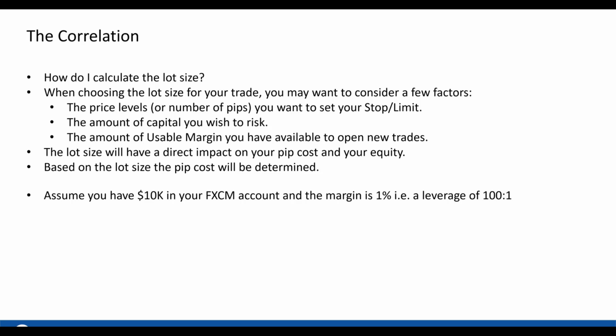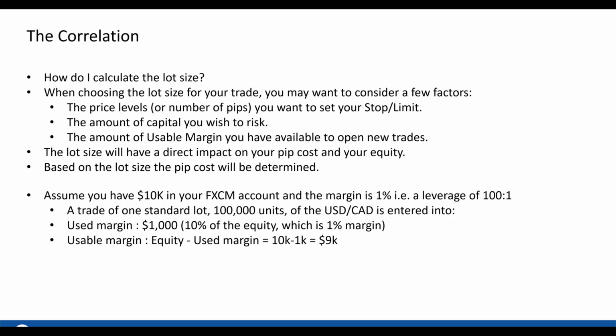Assume you have $10,000 in your FXCM account and the margin is 1%. That is a leverage ratio of 100 to 1. Now assume that a trade of 1 standard lot, or 100,000 units of US dollar Canadian dollar, is entered into. The used margin will be $1,000.